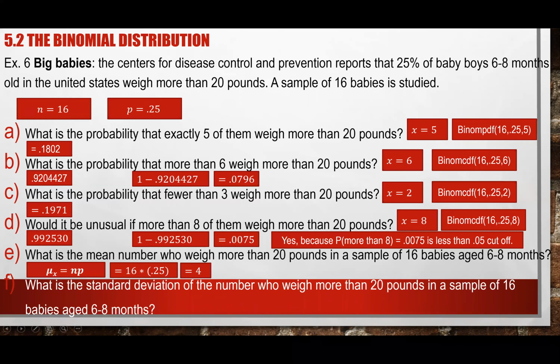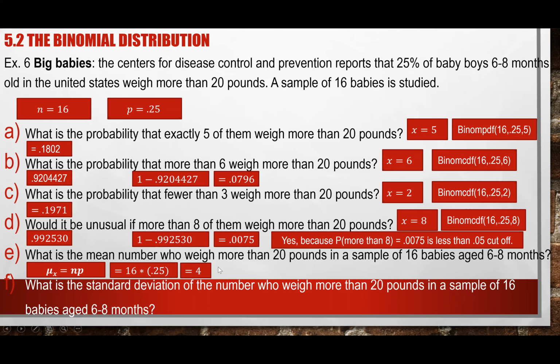On average, only 4 of them weigh more than 20 pounds out of 16. But they want more than 8 of them, almost more than half of the babies, which is why we say it's unusual. On average it's only 25%, and now you want more than 50%. That's why it's unusual, okay?